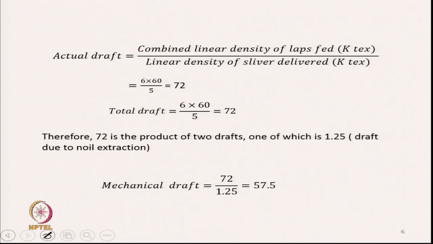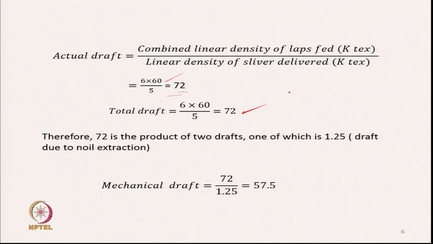So, if we are feeding 6 laps in this case, that is, we have 6 head combing machine, then the linear density of all the laps fed is going to be 6 into 60, and the output is one single sliver of 5 ktex. So, we take the ratio, that gives me 72. So, 72 becomes my total actual draft.